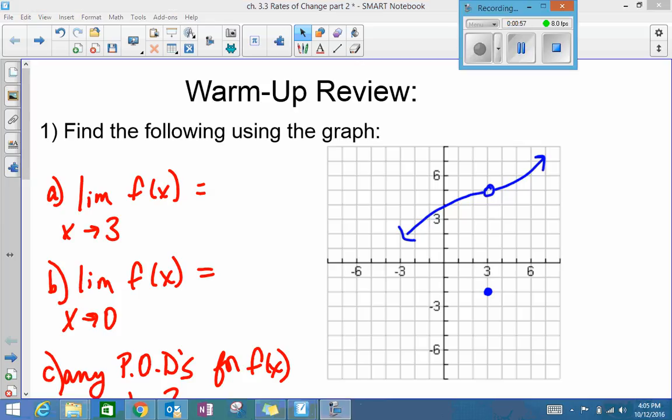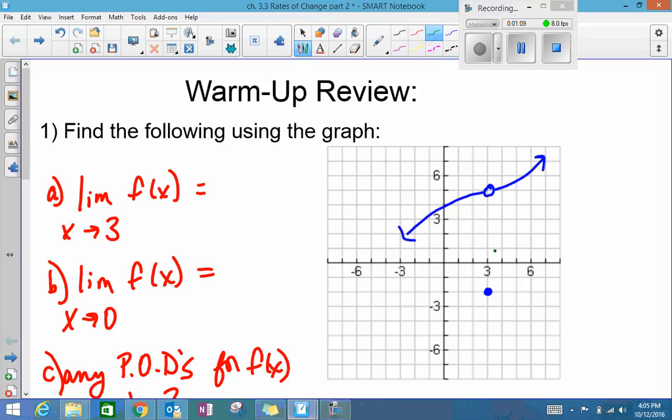Okay, so first of all, find the limit. So graphical limits. Find the limit of f of x as x approaches 3. So looking at this graph, as x approaches 3, we're looking at the function value, right? So coming from the left, the function value is approaching 4, and from the right, it's approaching 4.